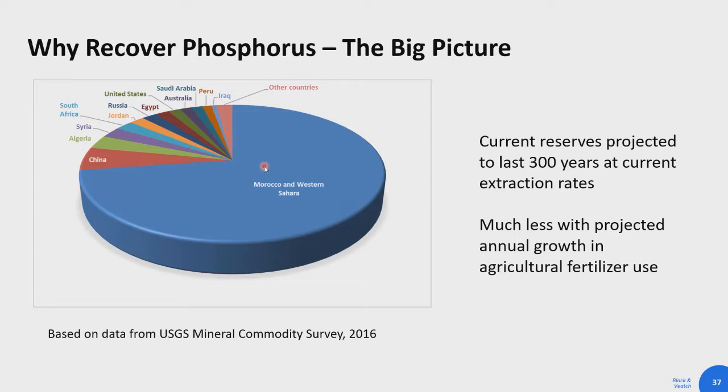We're fortunate in the United States that we have a lot of phosphorus reserves in rock in Florida, but it's a small sliver of the global availability. And whenever anything is only in one spot, it makes it a higher risk. I've heard people try to say this is a national security issue, like we don't want to run out of phosphorus. I don't know that I would go that far, but it is something we should be aware of, that managing phosphorus is of global significance.